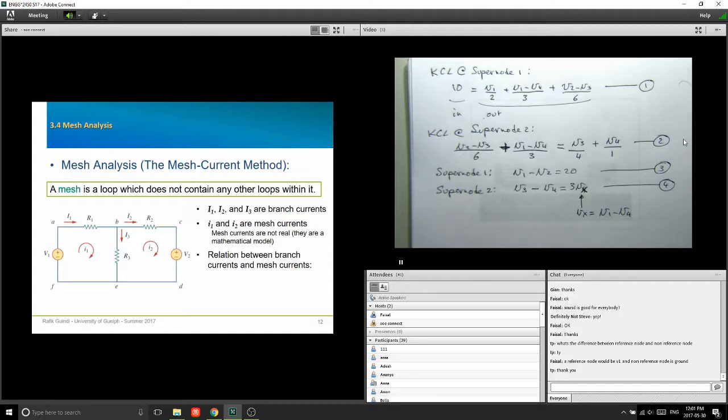We just imagine that you have a current that keeps going round and round inside a mesh. So here, in fact, you have those two mesh currents. One current, small i1, keeps going around in the first mesh, and the other one, small i2, goes around in the second mesh. Okay, you had a question?